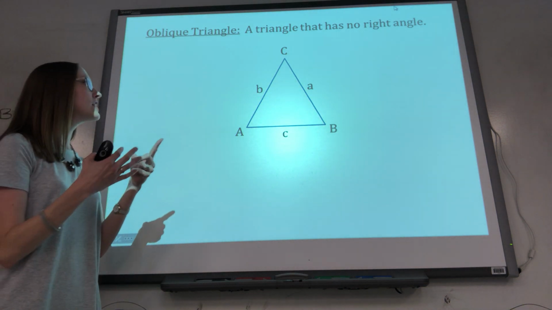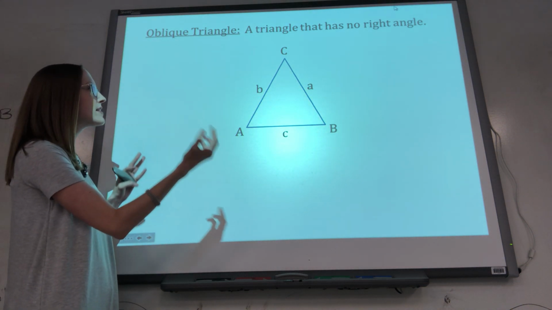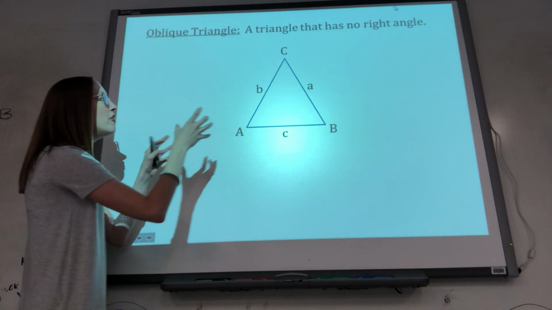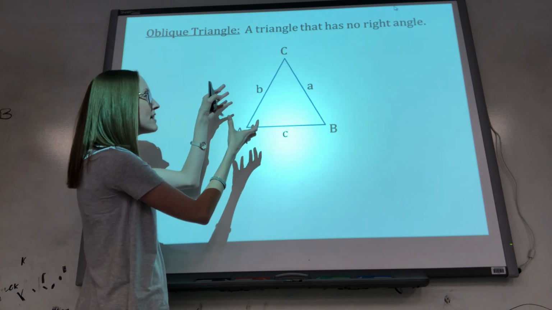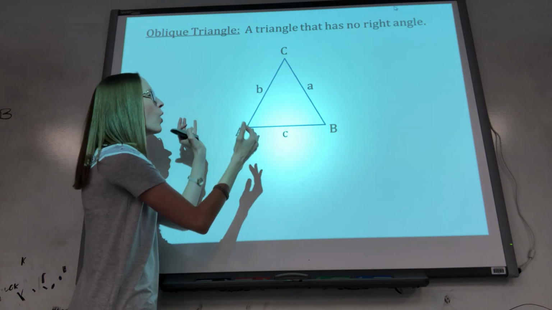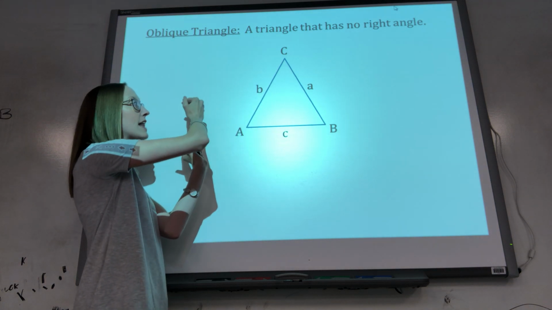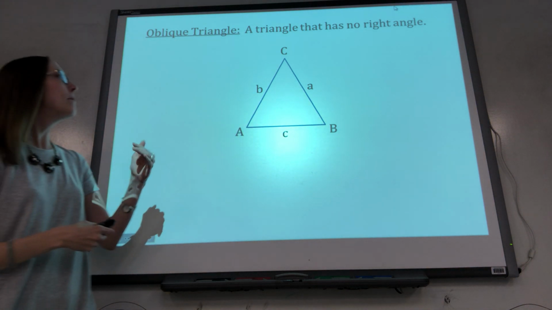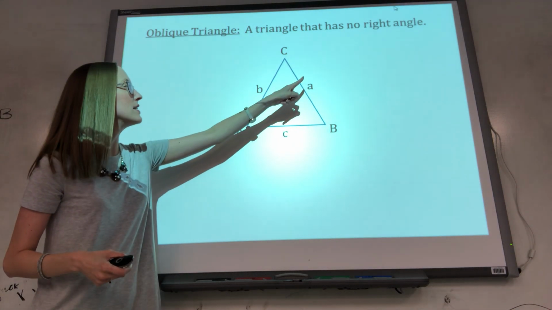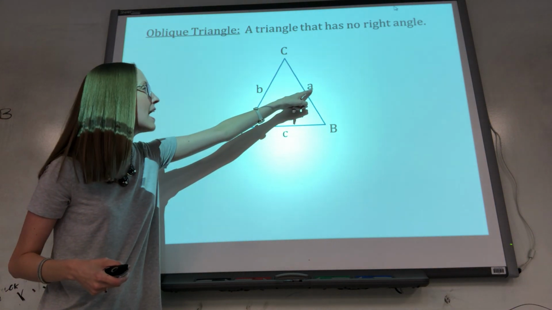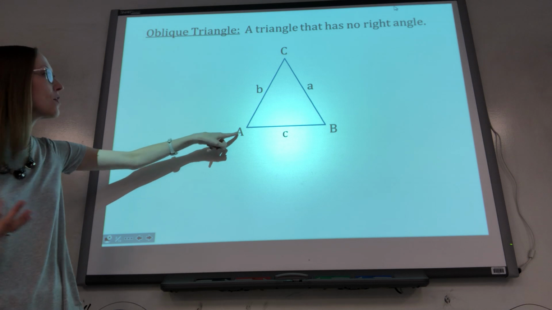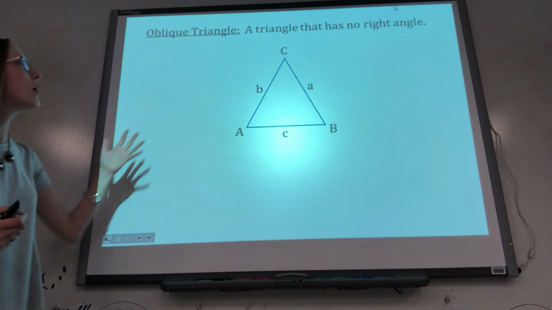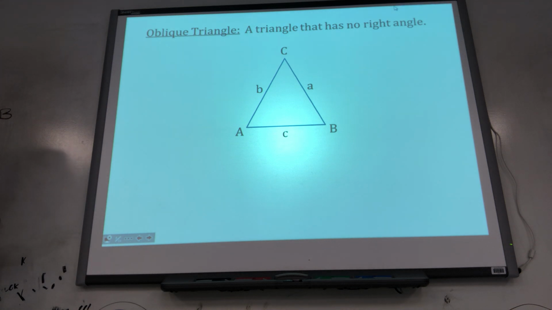That is important to notice, because sometimes in the notes and even in the homework they might rotate the triangle a little bit, or they might make it a little bit more slanted on one side so it looks a little bit different. But no matter what, the corresponding sides are across from the corresponding angle. So that's always going to be true no matter what your triangle looks like.